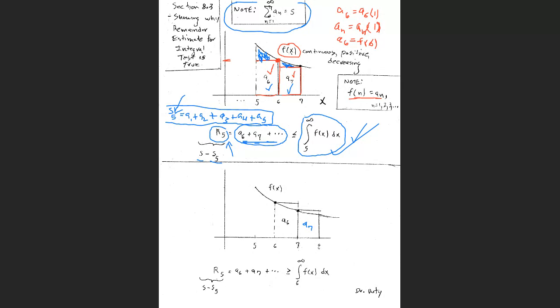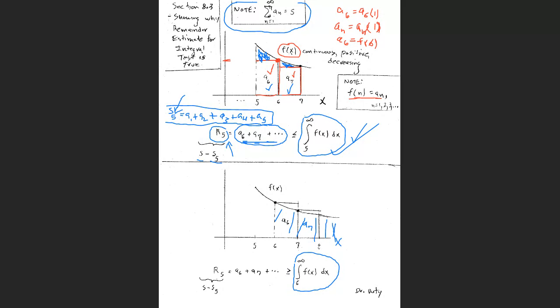But if I consider the improper integral starting, instead of at 5, at x equals 6, then this would be my area, right?